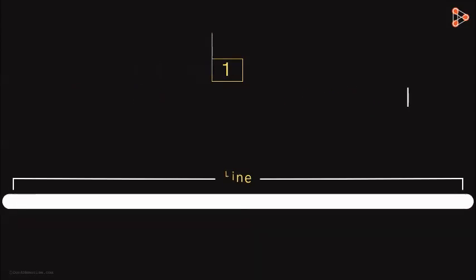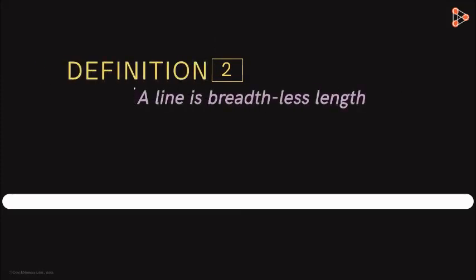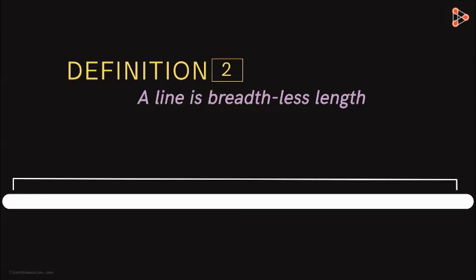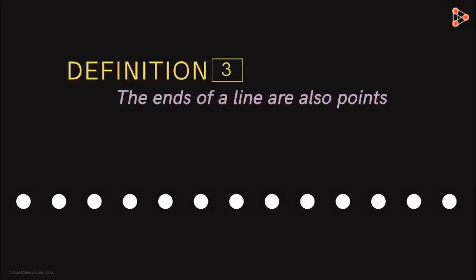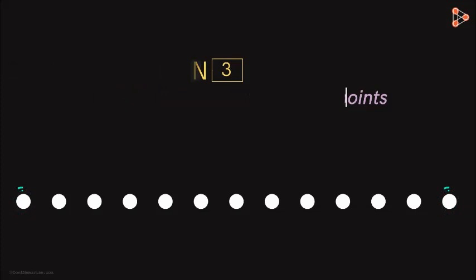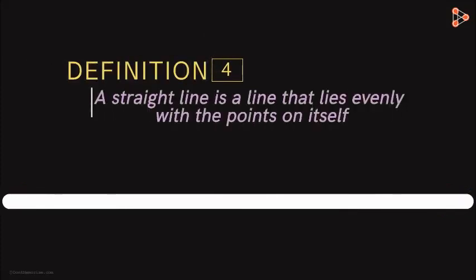Euclid defined a line like this. A line is a breadthless length. As we can see, the line has length but not breadth. Since a line is just a closely spaced collection of points, we can see here that the ends of a line are also points. Euclid defined a straight line as: a straight line is a line that lies evenly with the points on itself.